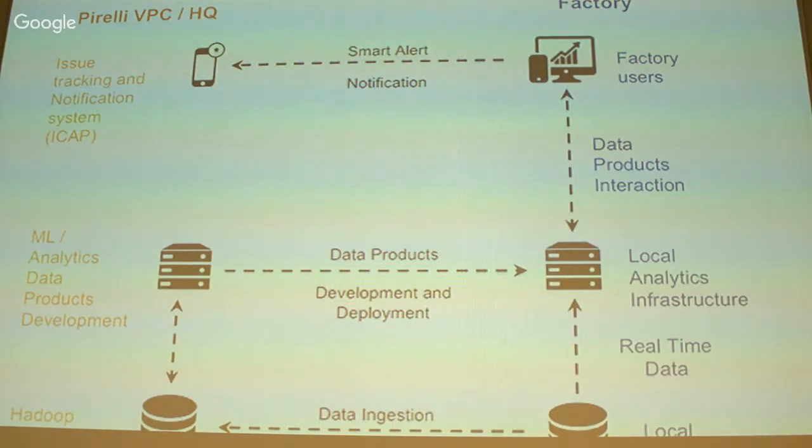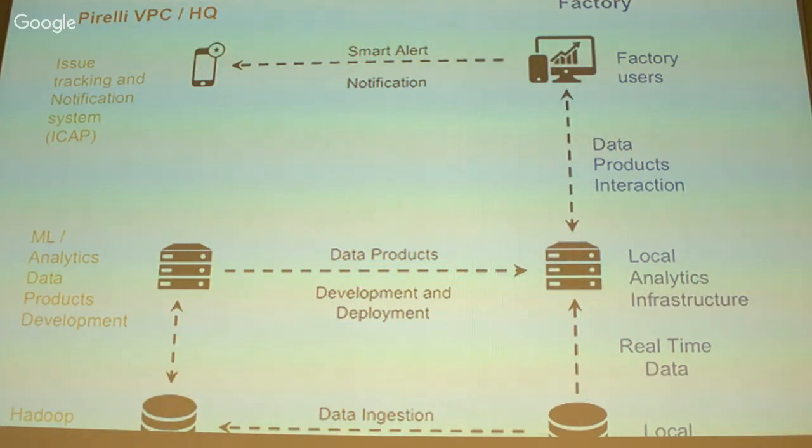So as I was saying, we have data coming from the factories, but we also have a centralized infrastructure, a VPC that we use in the headquarters. And all this data is centralized, and we use it for training machine learning models to produce analytics.